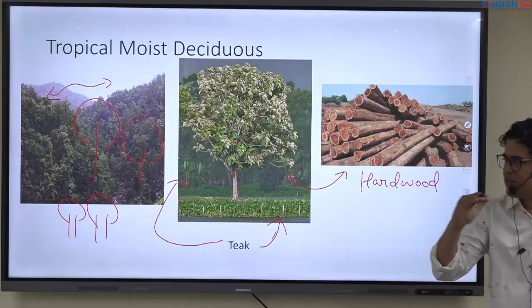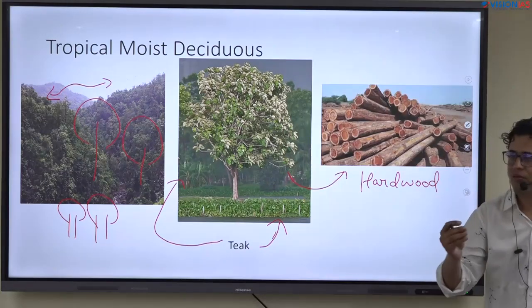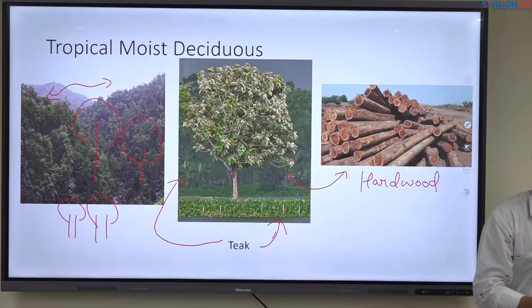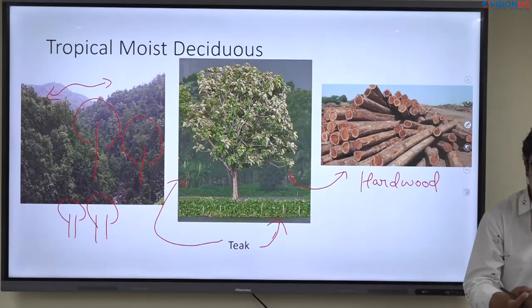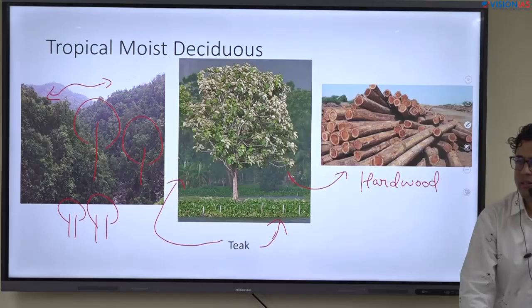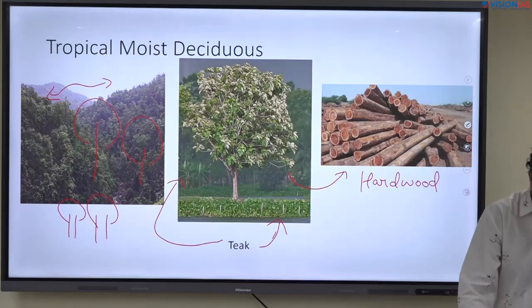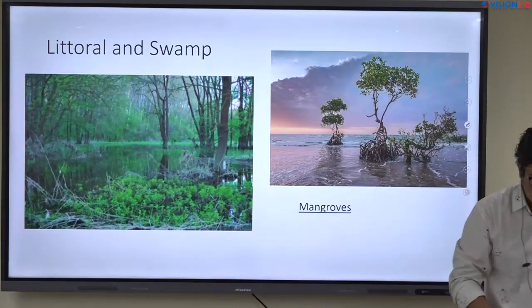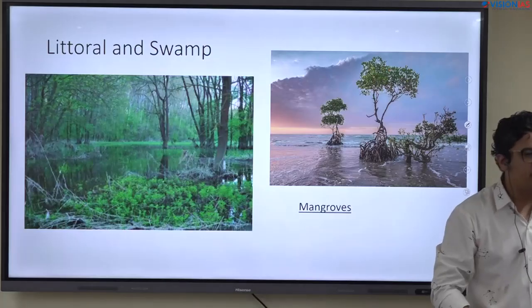So if the forest is appearing similar to you, what term will you use? Pure stands. What type of stands do you find here? Pure stands. So that means it's easy to exploit the forest, easy to cut down the forest. Now come to category number 4, go to the map. Littoral and swamp. Try to find this category in the map.